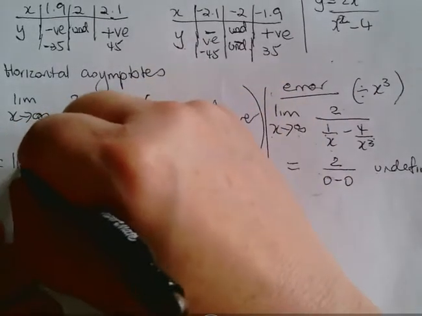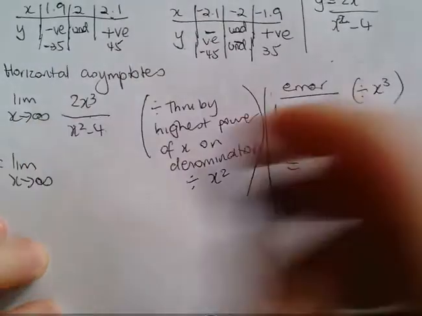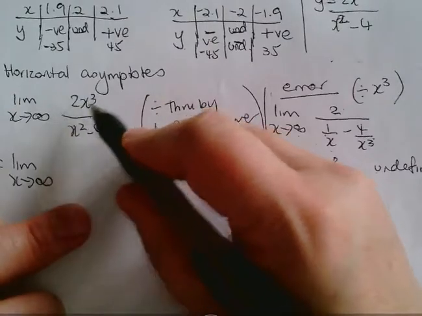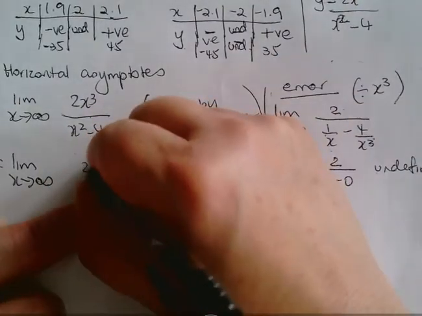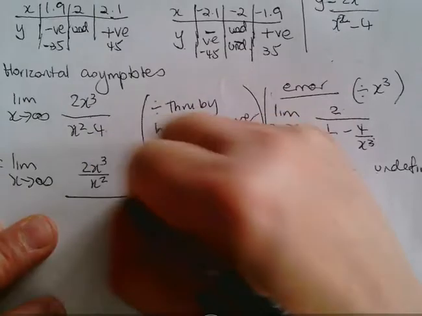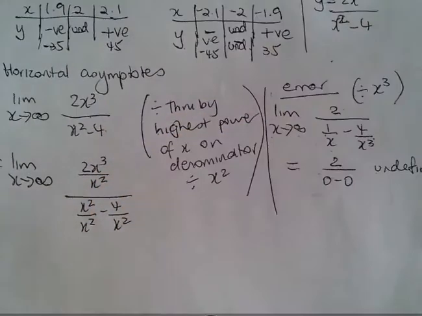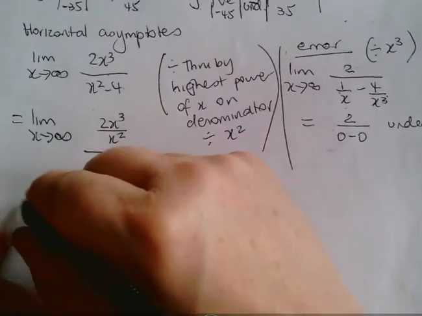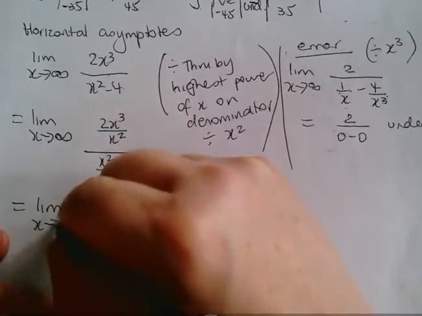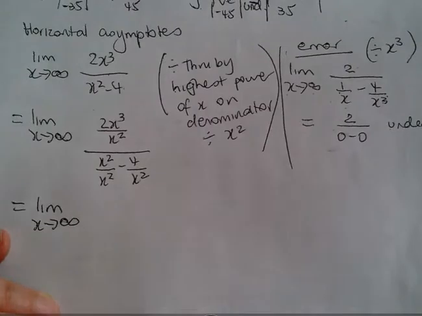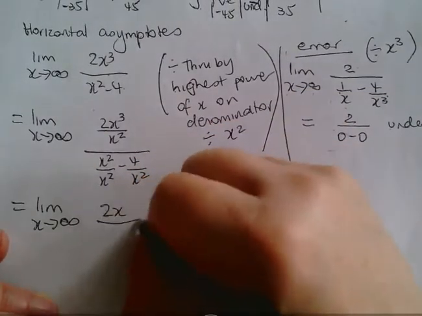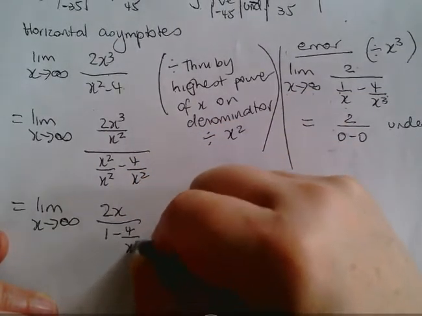So that's limit as x approaches infinity. What do I get if I do 2x cubed on x squared? I get limit as x approaches infinity, 2x over 1 minus 4 on x squared.